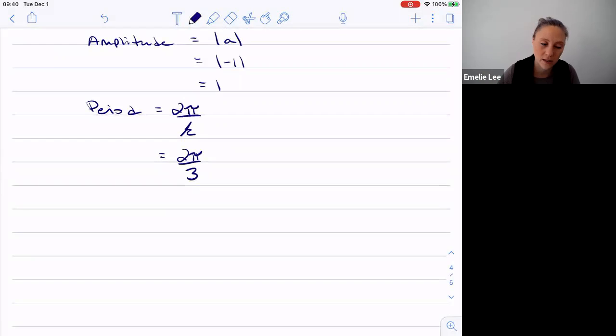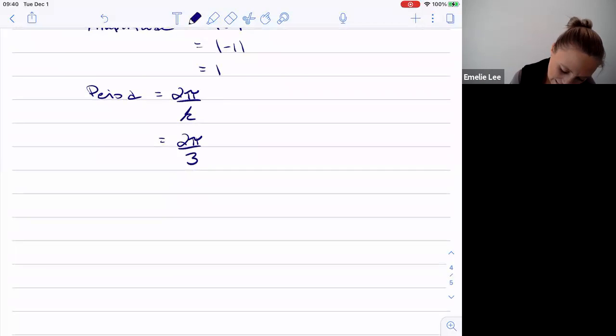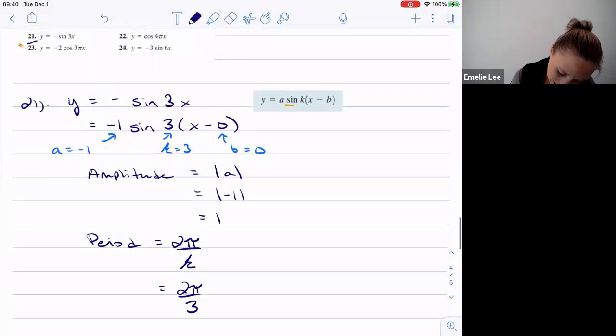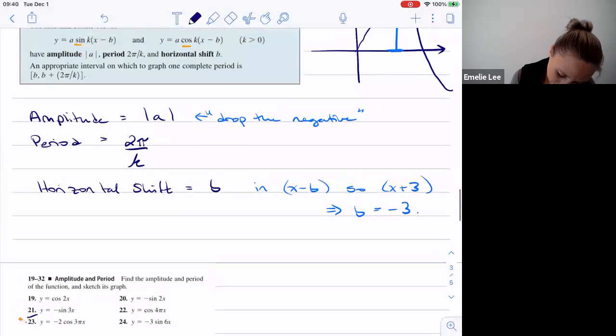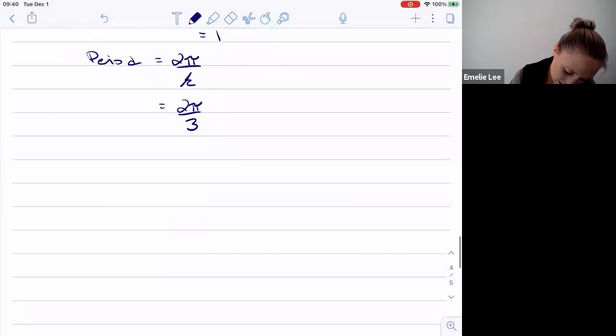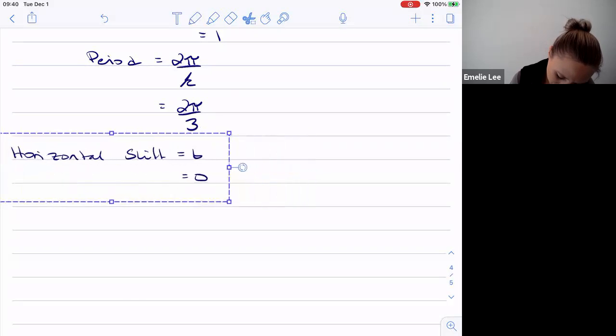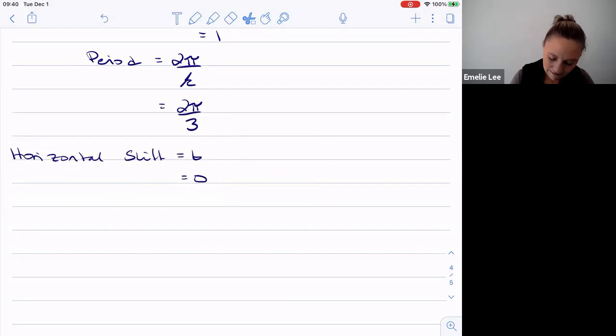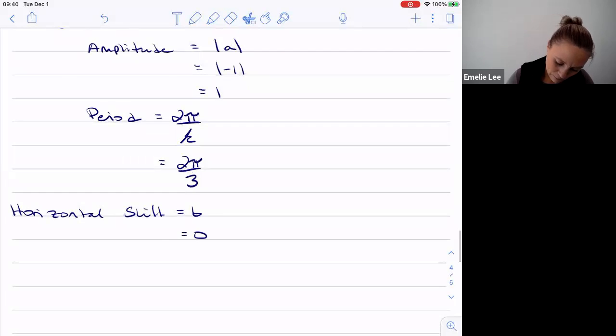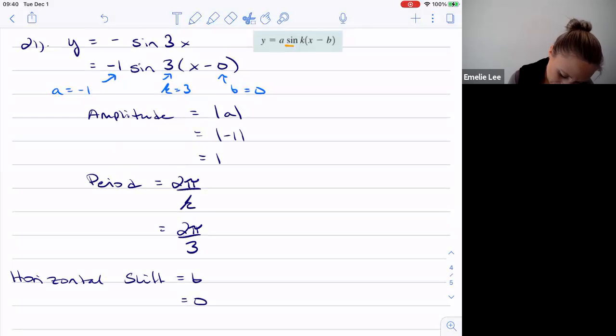And my third item, the horizontal shift, is none. Horizontal shift is b, which is 0.